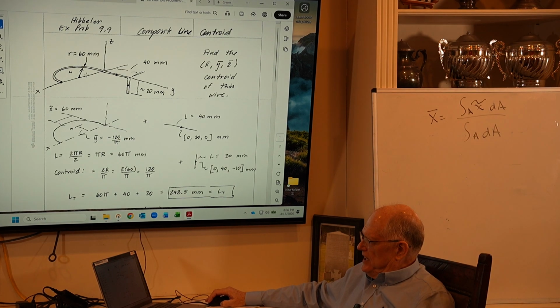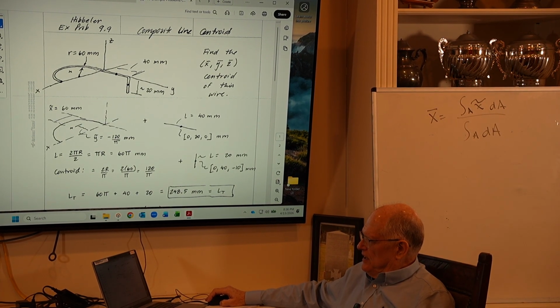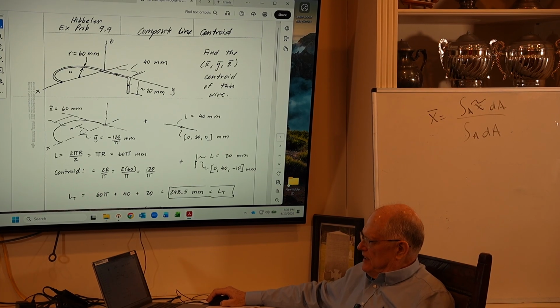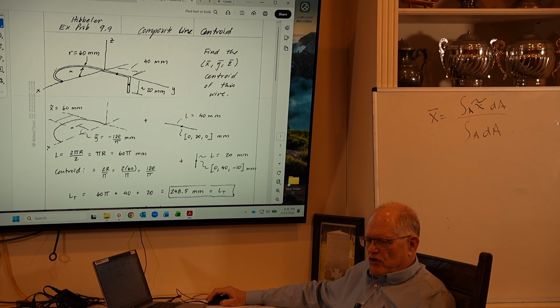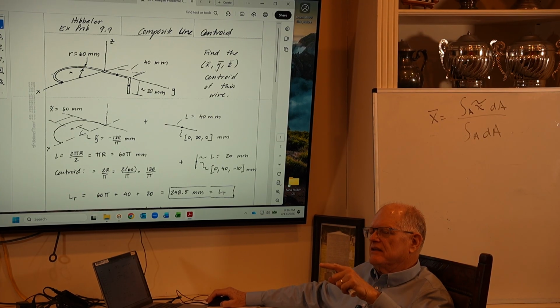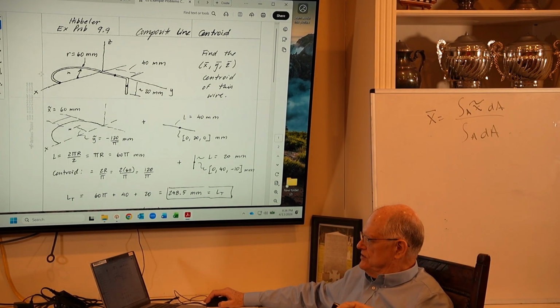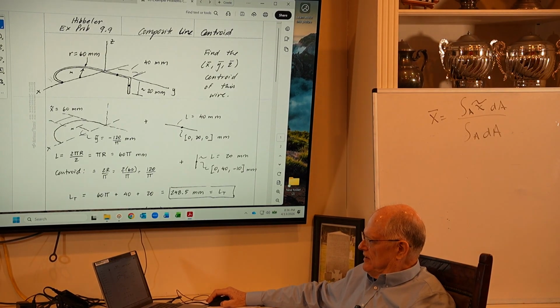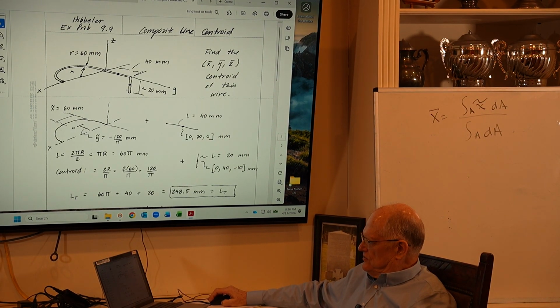This is a shape in the XYZ system where you've got a half circle here, a straight line here, and a straight line here. Now you're looking for the length of a line. The length of the half circle is its circumference, so this is pi times r. Then this is 40, and this is 20.